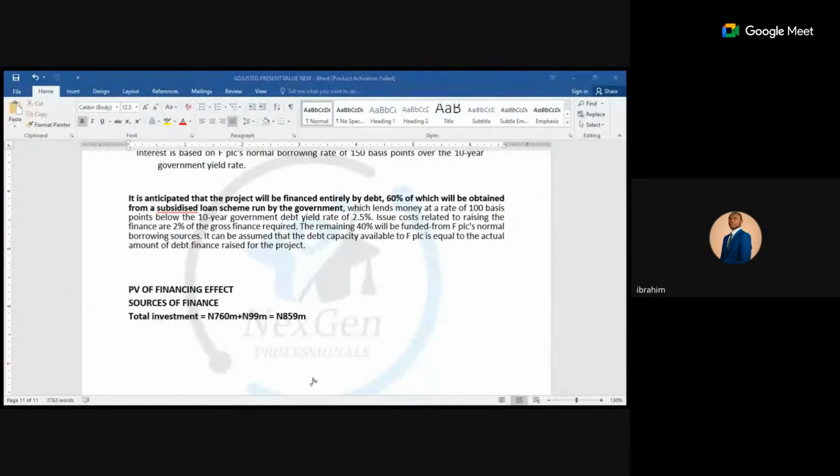You can see that in the previous example, we were not told that the project is being financed entirely by debt. If any project is being financed entirely by debt, it includes the working capital because they don't have money. The question I will ask is, where did they get the funds for the working capital? So that is why it is financed entirely by debt.